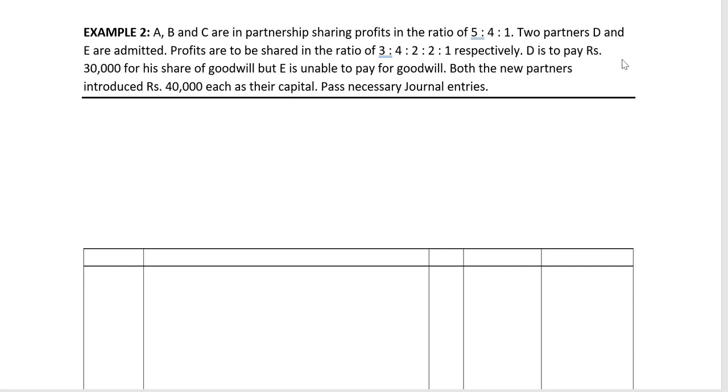D is to pay rupees 30,000 for his share of goodwill, but E is unable to pay for goodwill. Both the new partners introduced rupees 40,000 each as their capital. Pass necessary journal entries. So we'll begin with the working notes.